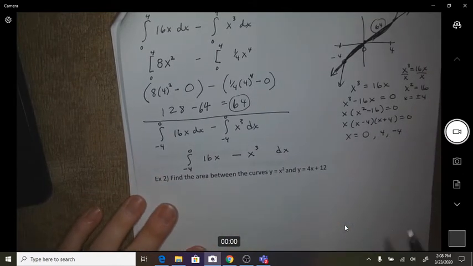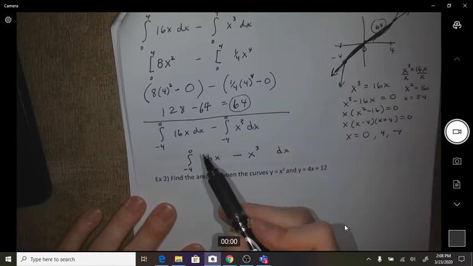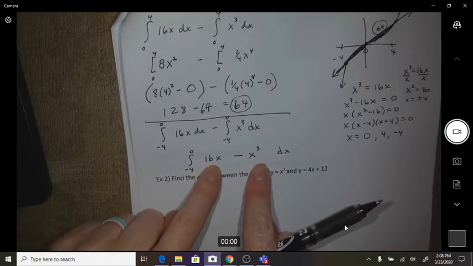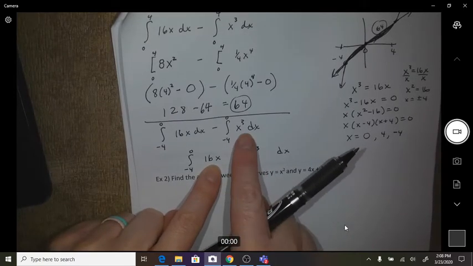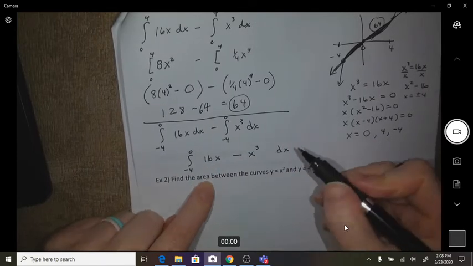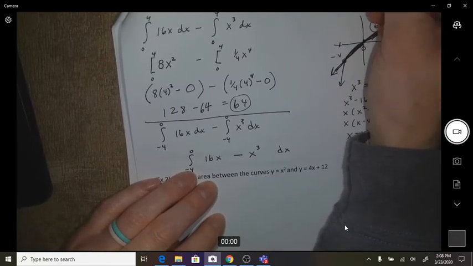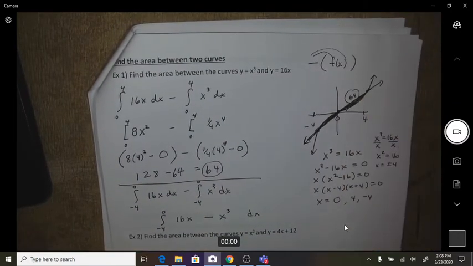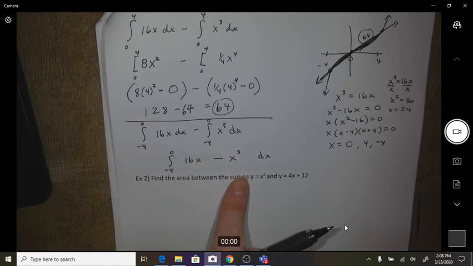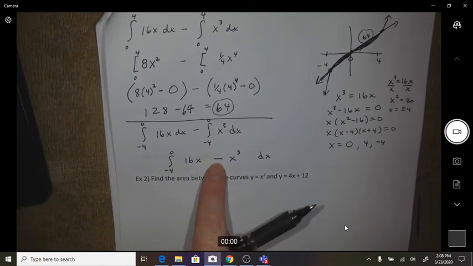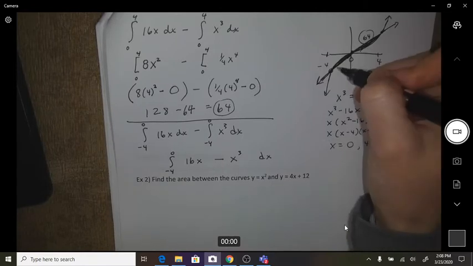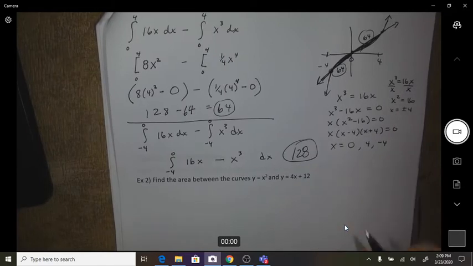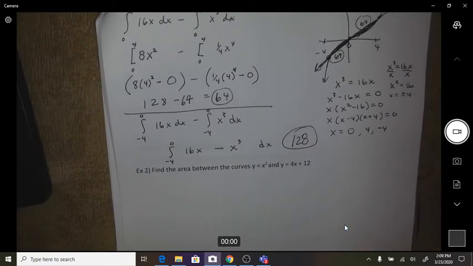You can't do one integral all the way from -4 to 4, but you can do this. You just have to be careful that if you're subtracting and this function is a binomial, you would have to subtract and then make sure you put that in brackets in case it's a distribution. Okay, I'm not going to do this because I do understand that this is also going to be the same. So my total area is going to come out to be 128.